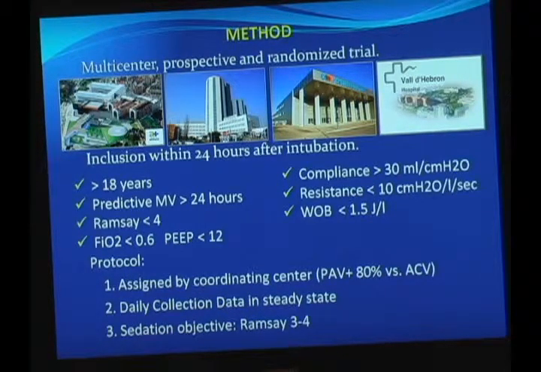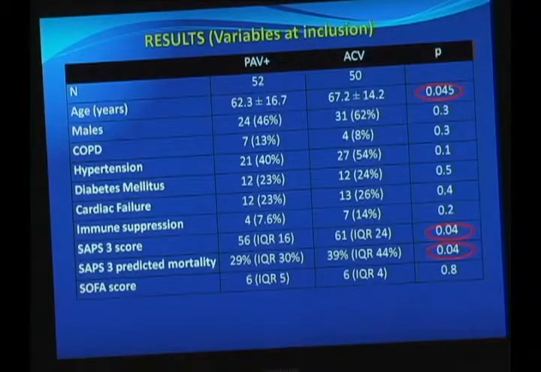So the patients were randomized by a coordinating center, and we collected data daily, with our target to maintain a Ramsay score of 3 to 4. After 50 patients in each group, we stopped the study.